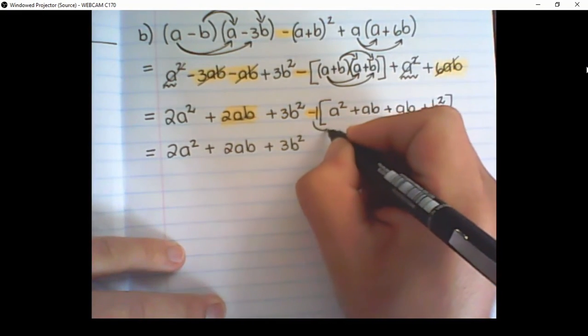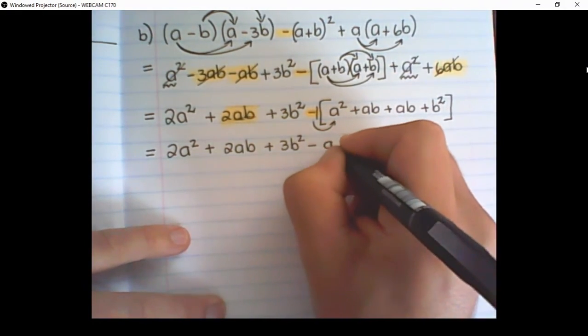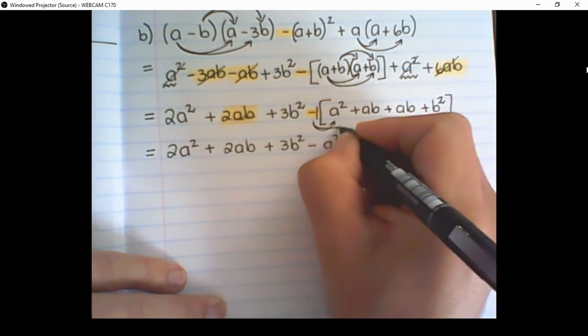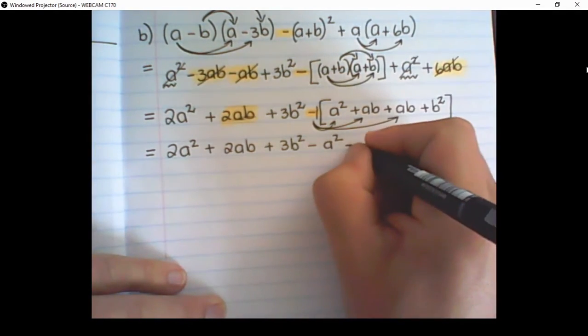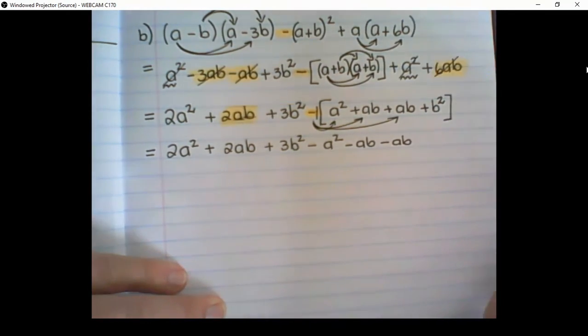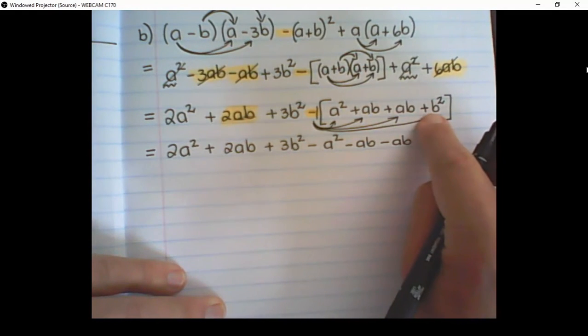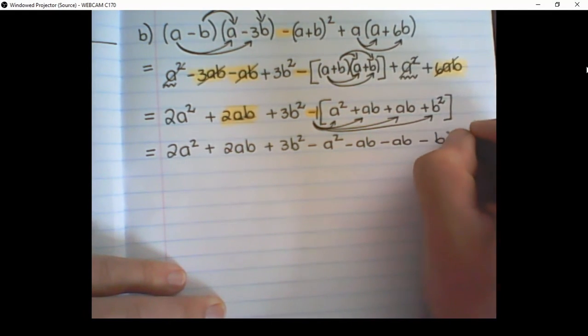That's negative 1 times a square, which is negative a square. Then negative 1 times ab, and again times ab. So it's negative ab, negative ab. And then lastly, negative 1 times plus b squared. That becomes negative b squared.